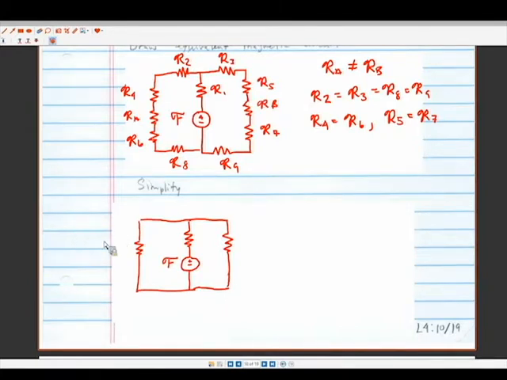So the left-hand side is going to be, if we just say R2 and R8 are equivalent, 2 times R2 plus 2 times R4, because R4 and R6 are the same, plus RA. Similar fashion on the right-hand side: 2R2 plus 2R5 plus RB. Just a reminder, we're ultimately trying to get at what is phi A and what is phi B.